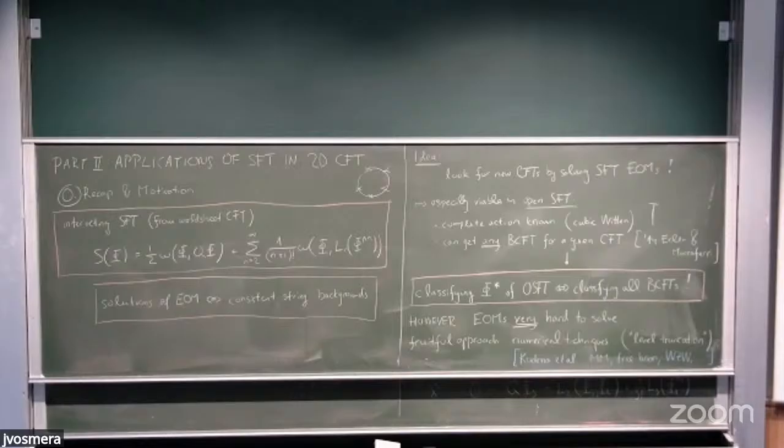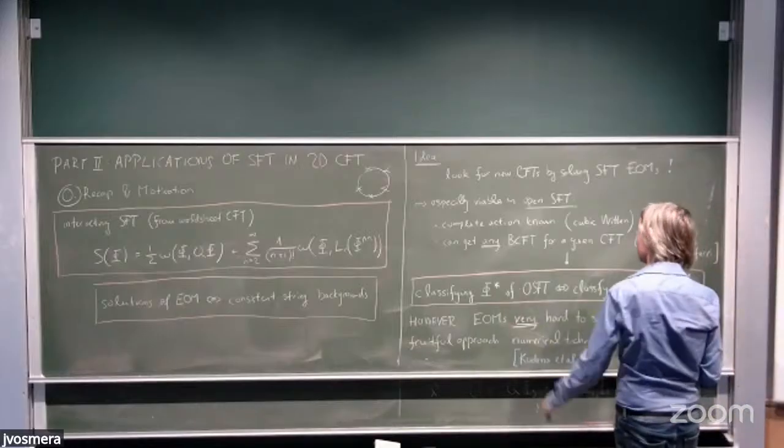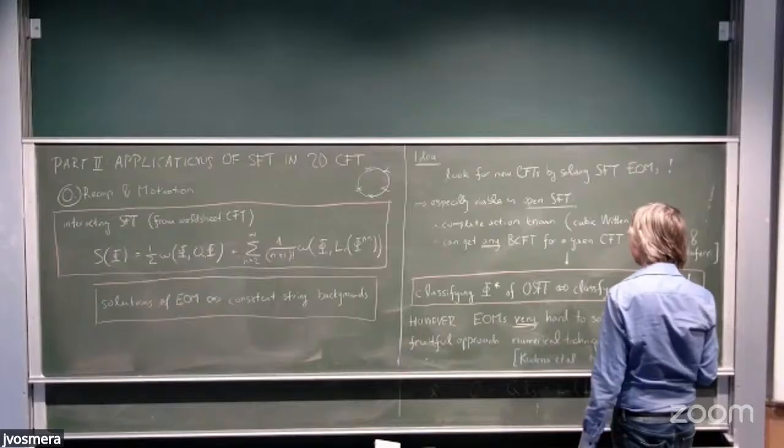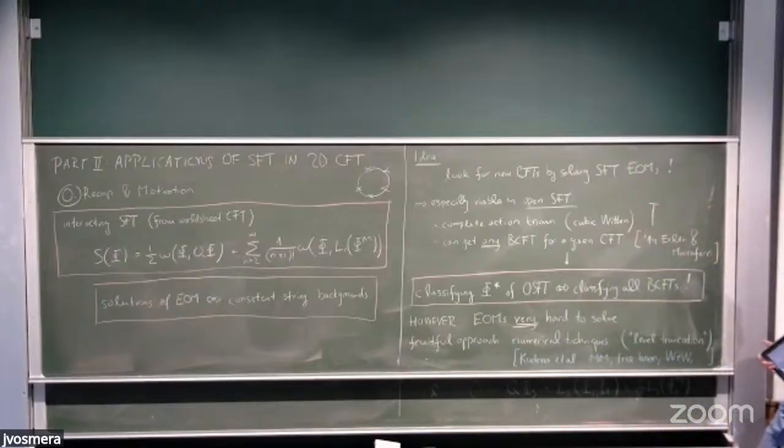So that means that if we are powerful enough to classify all possible solutions of open string field theory, that should be as good as classifying all BCFTs for the given CFT.